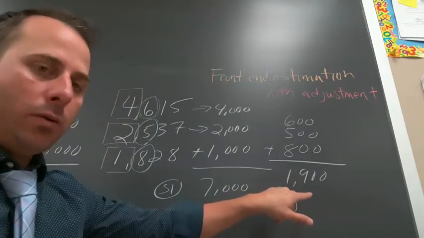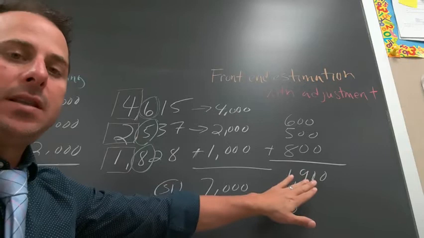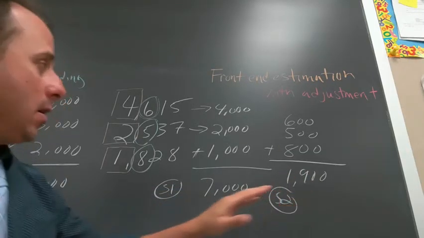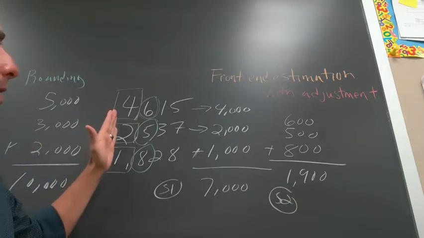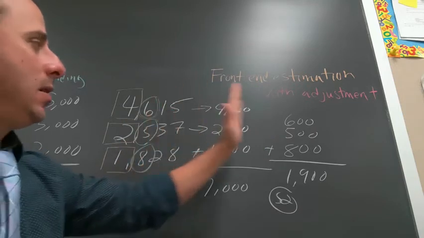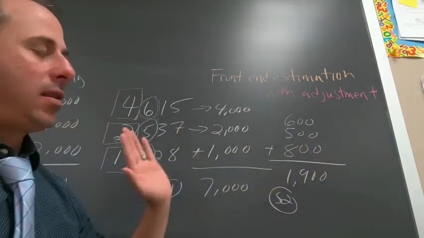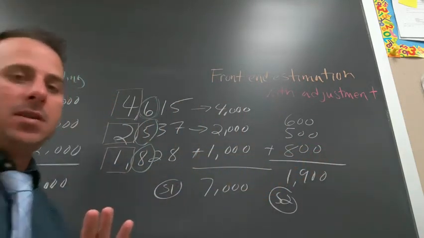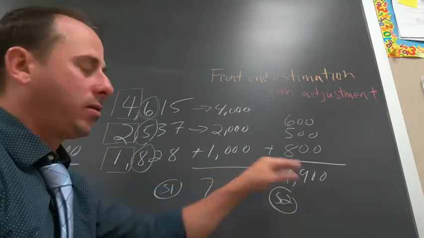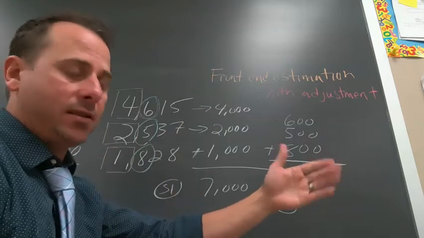After step two, you want to round this number to the nearest thousand. Now the rounding comes in. Starts with estimating, grabbing the first digit, everything else zeros. The third step in front-end estimation does involve some rounding. So 1,900 is closer to what? 1,000 or 2,000.